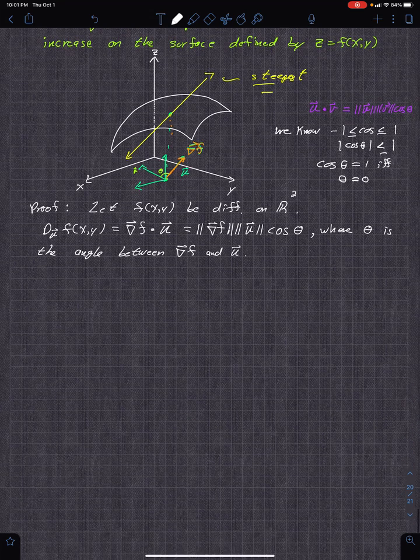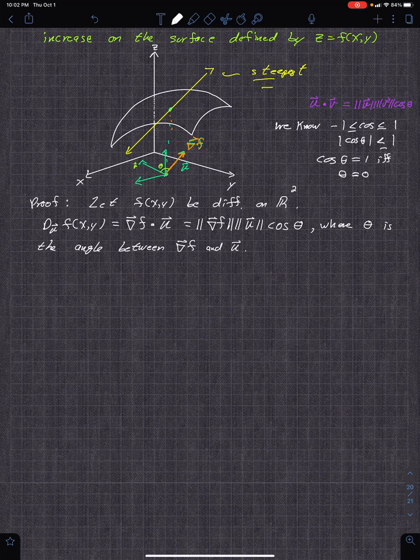Basically, where theta is the angle between gradient of f and u, this quantity is maximum when theta is equal to 0, or let's just say the same direction.